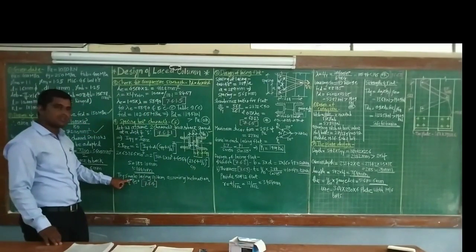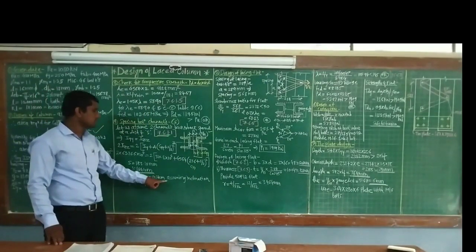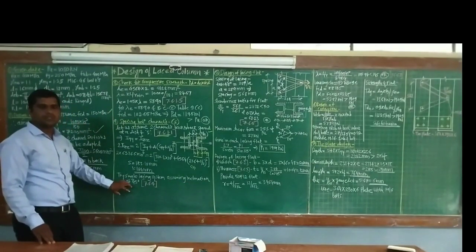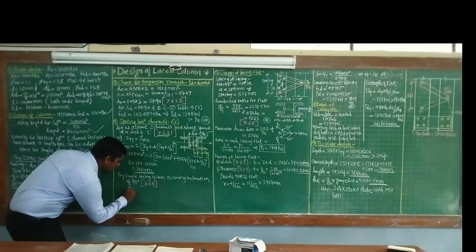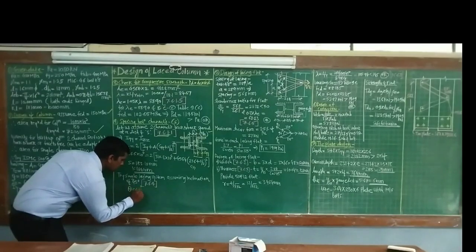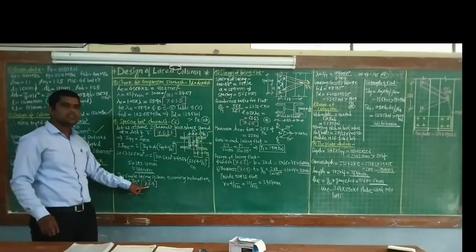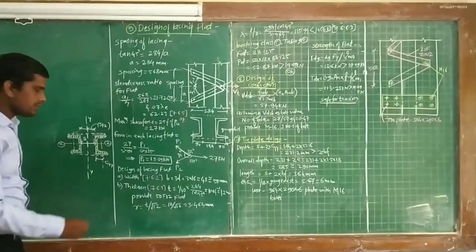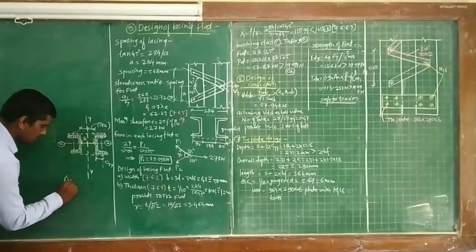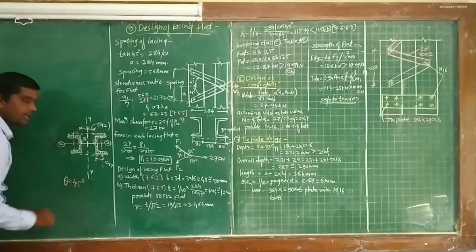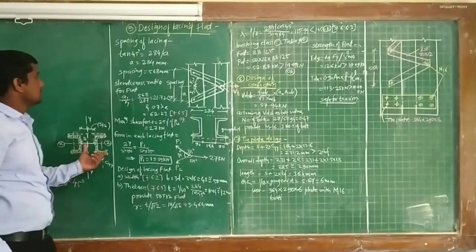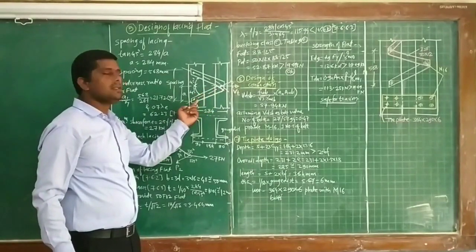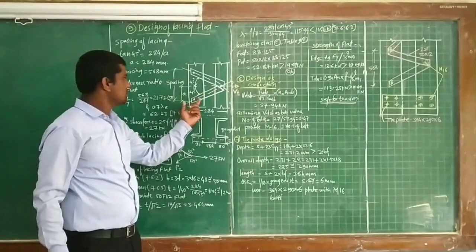Then try for a single lacing system, assuming an inclination of 45 degrees. According to the clause, after assuming the angle of inclination theta equal to 45 degrees between these lacings, the design of the lacing column is provided.